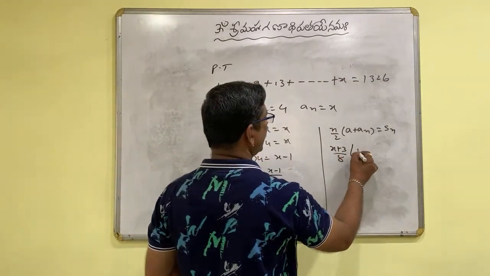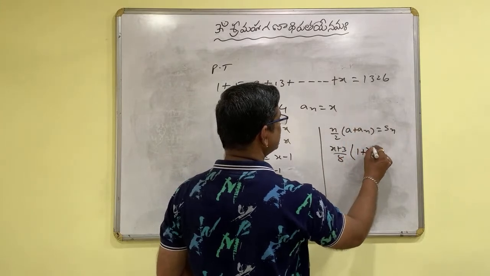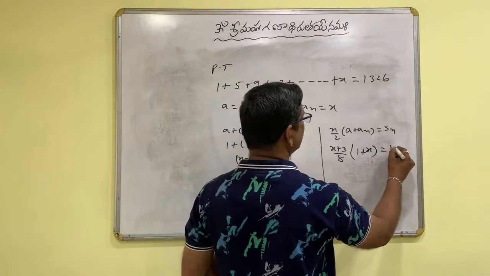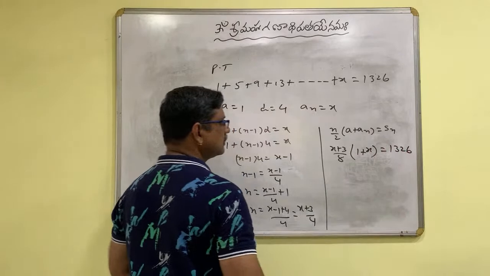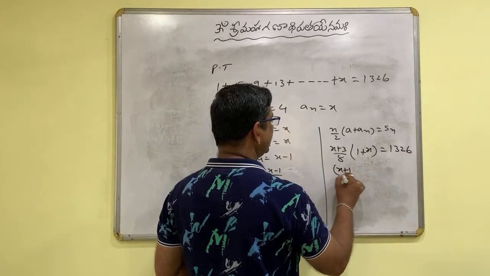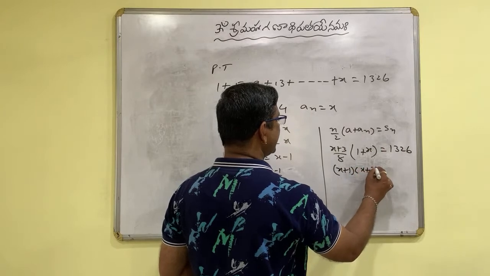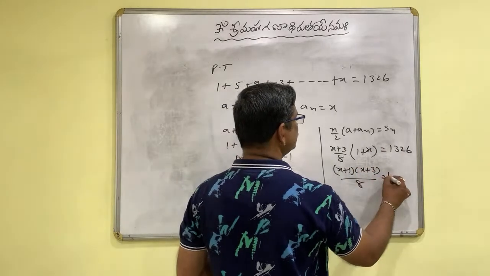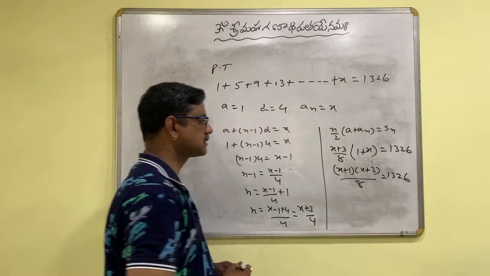A is 1, AN is x, Sn is 1326. Now simplify. x plus 1 into x plus 3 by 8 is equal to 1326.